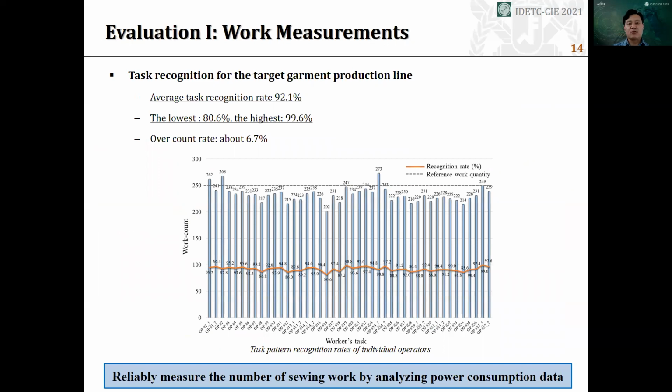The main evaluation objective is the task count. This figure shows the result of task recognition for the entire target line. The average recognition rate was 92.1%, and the highest was 99.6%. These results show that the power monitoring system reliably measured the number of sewing work by analyzing power consumption data.